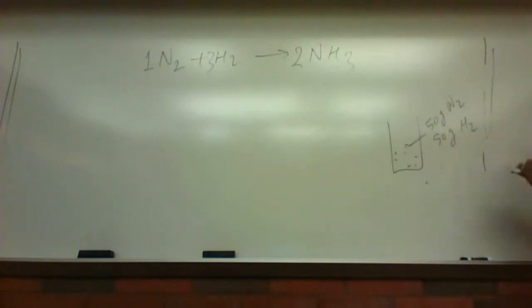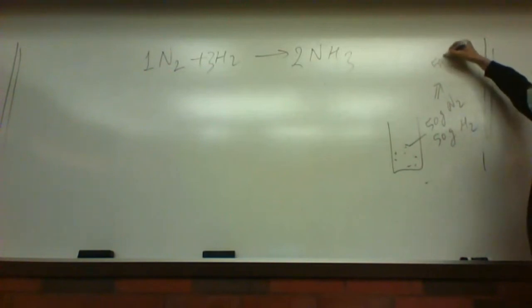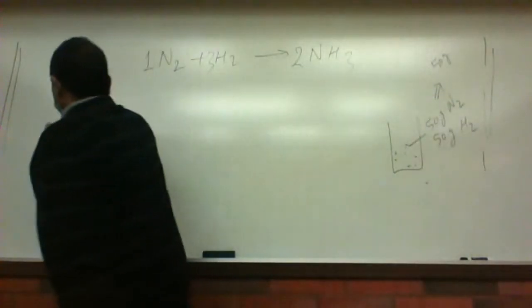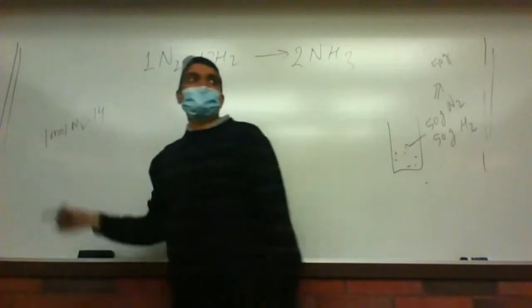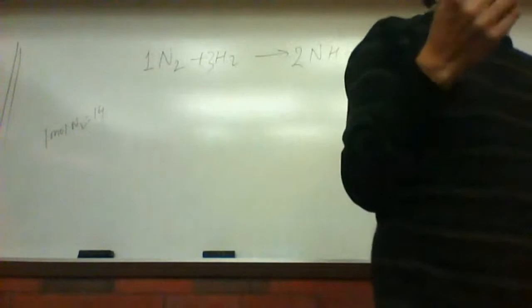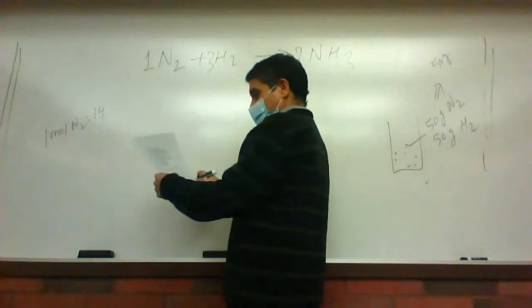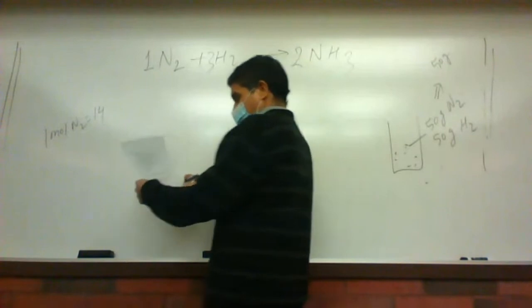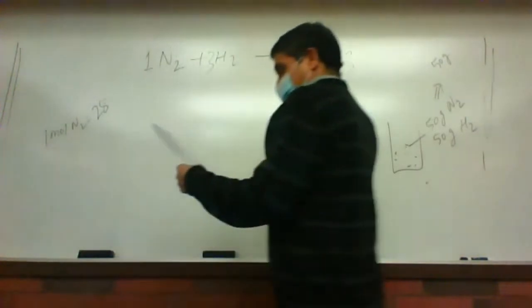So now we need to convert this into moles. This is nitrogen, and if you look at the periodic table, 1 mole of N2 is equal to 28 grams, since 1 nitrogen is 14, so 14 times 2 is 28.